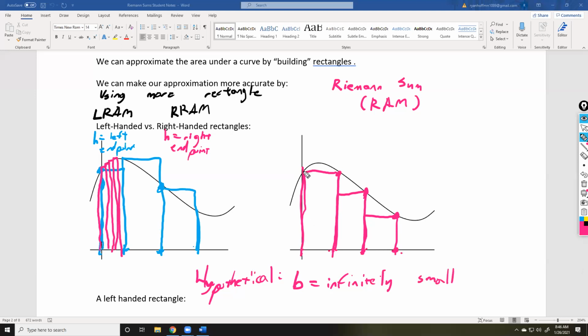If I just had this small sliver of the rectangles, then I'd basically just be drawing the area of the curve. And so here comes our old pal, the limit again. And so when we go to define the integral, it's going to be a limit of this sum if I let my rectangles be infinitely tiny. And I'll show kind of a visual tomorrow of what that's going to look like. But for now, let's do some examples with building this rectangle.